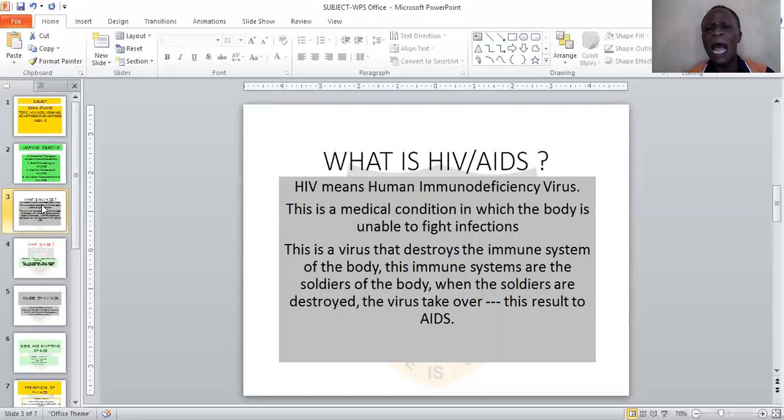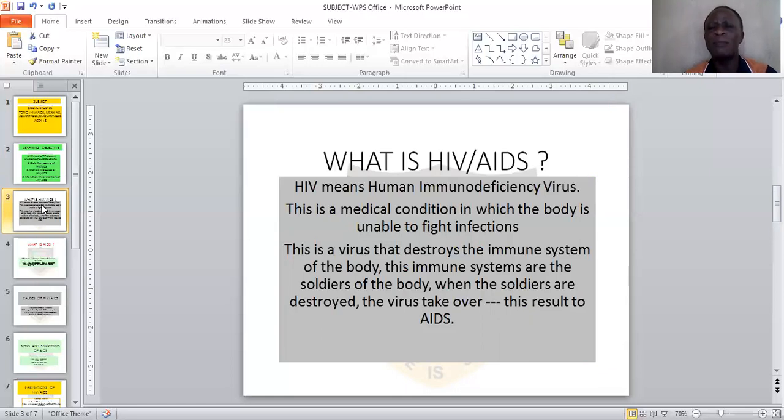The immune system is the soldiers of the body. When the soldiers are destroyed, the virus takes over. This results in AIDS. If our soldiers go to the war front and the soldiers are destroyed, what will happen to the troops? They will all run away. That is exactly what is happening to the immune system in the body.